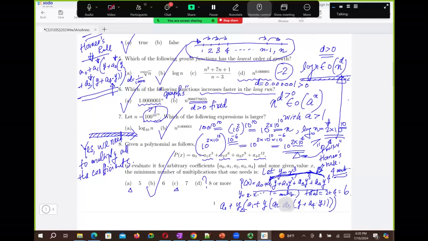I got it wrong, so slow. Another y here. Sorry. A3 and yA4. Okay, this is the correct structure. Now you can see better.